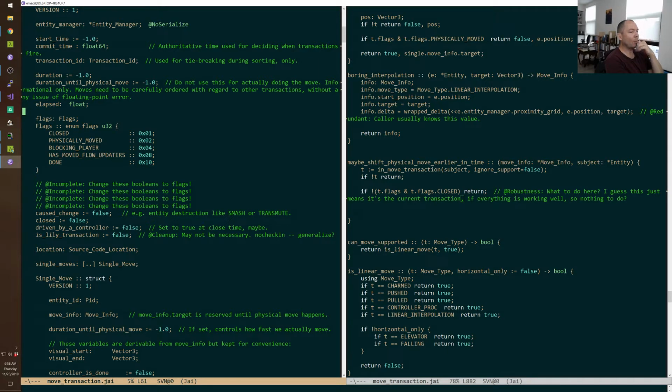Or even most of the time you don't need it to be a Boolean, you just want to do the mask. That would be pretty good. That's going to be a compiler feature.